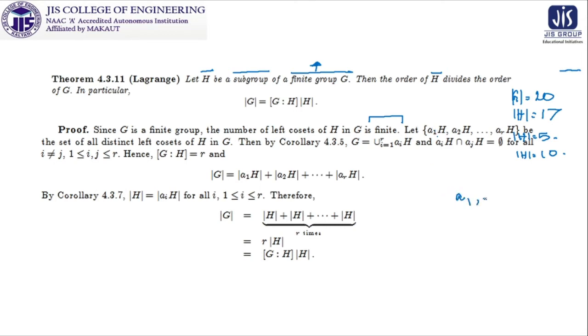So we start from A1 and go up to AR, obviously linked with capital H. If they are all distinct left cosets of H in G, then from the previous result G is nothing but the union of AiH, for i equal to 1 to R, and AiH intersection AjH is empty, which is the last structure I have drawn.